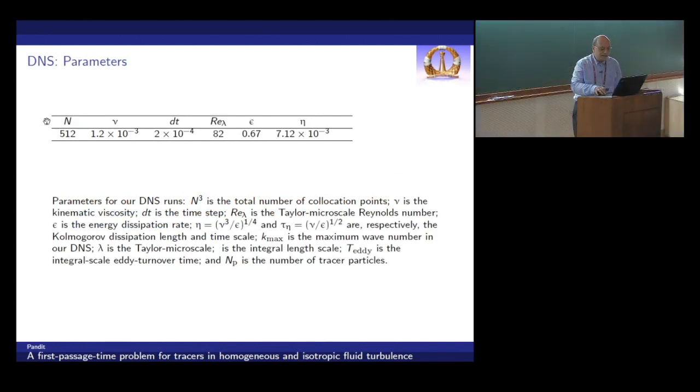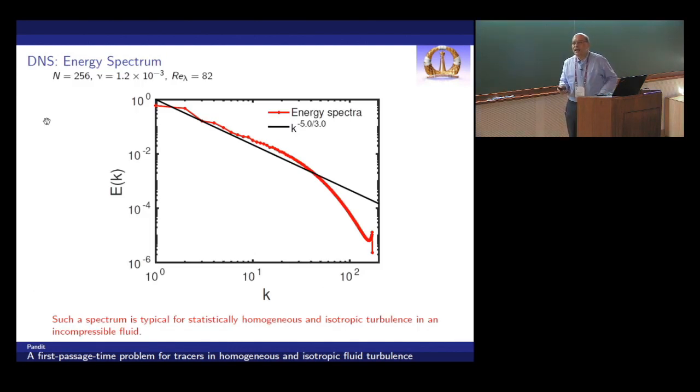And these are the parameters. It's a semi-respectable Reynolds number. And to show you that the fluid is turbulent, I have plotted here, for actually a low resolution run, we have the higher ones too, the so-called energy spectrum versus k on a log-log plot. The red is the measured value.